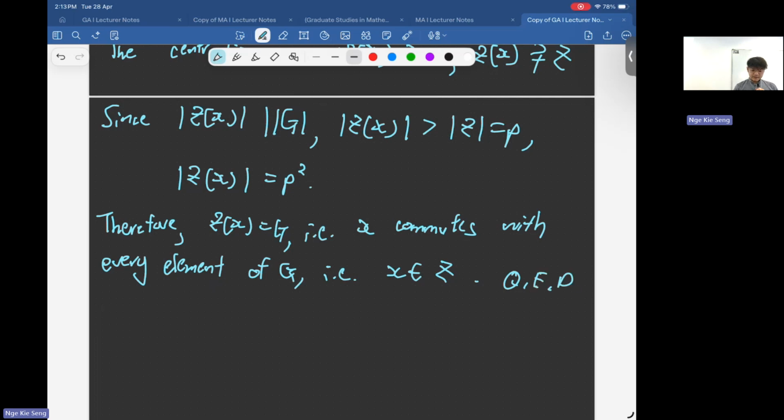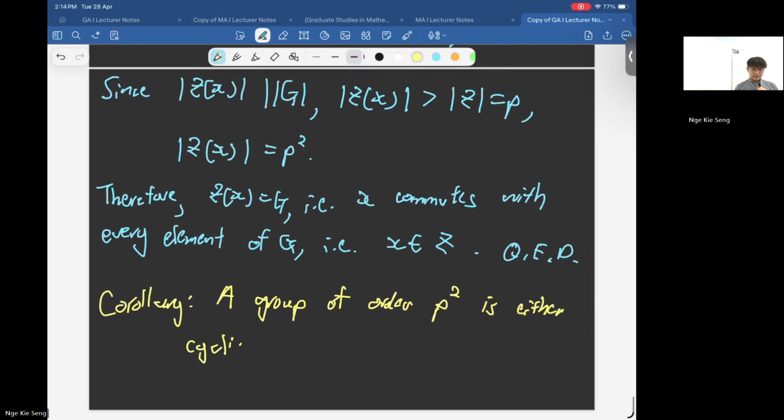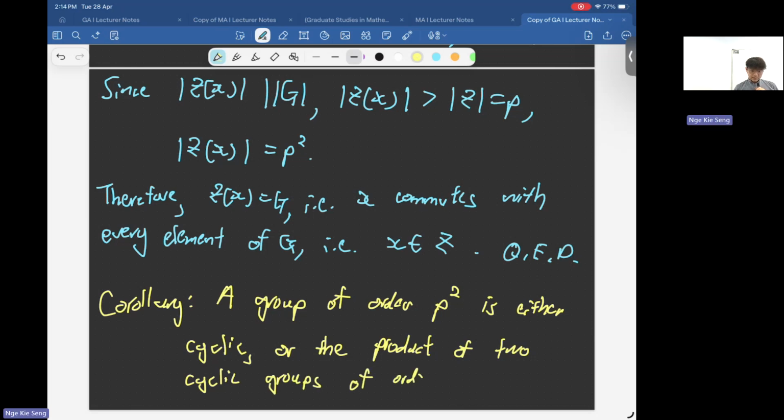Then in this case, a corollary is: a group of order p squared is either cyclic or the product of two cyclic groups of order p. Okay, how to prove this?